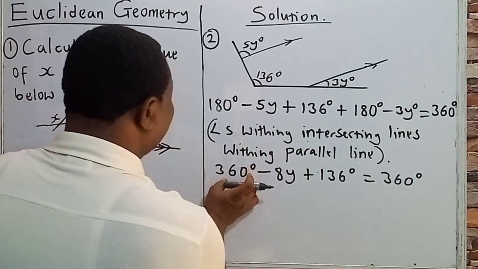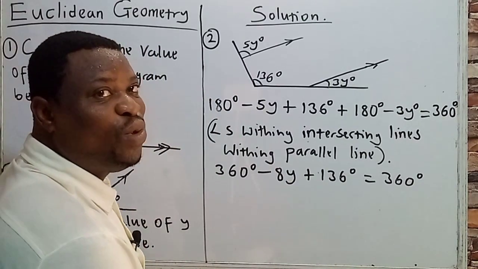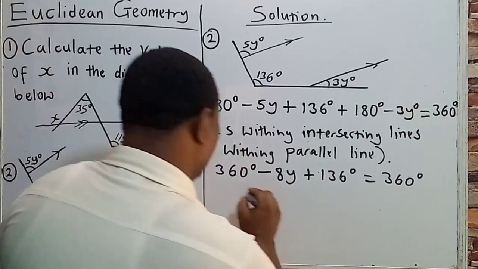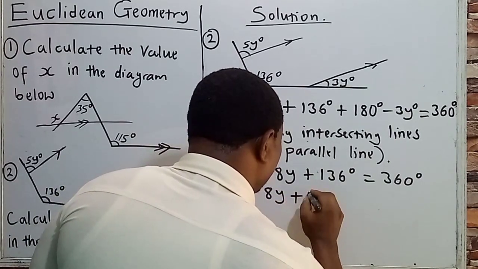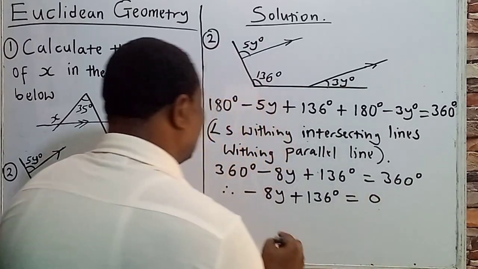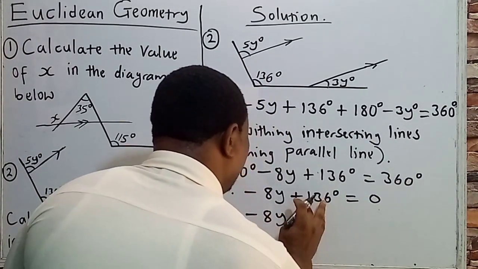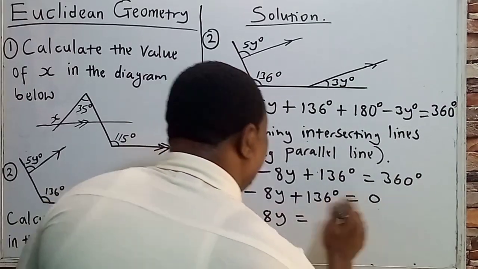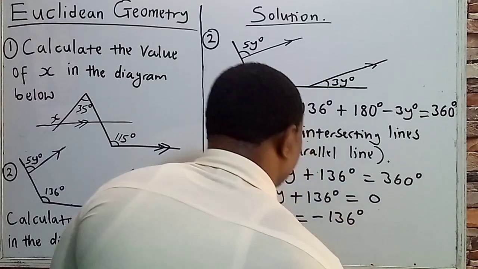Now, if I move 360 degrees to this place, it will be 360 minus 360, which will give me 0. So therefore, minus 8y plus 136 degrees will give me 0. So it then means that minus 8y, if I move plus 136 to this point, it becomes minus 136 degrees.